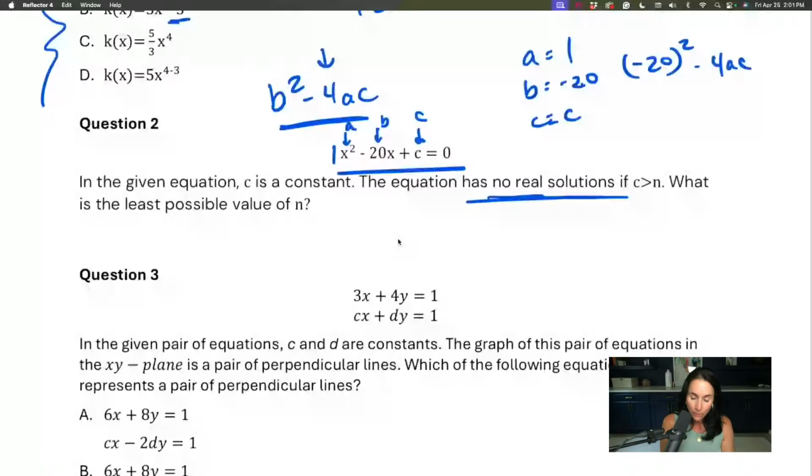One other thing, whenever it has no real solutions, that means this whole thing is less than 0. It's negative. Okay, so negative 20 times negative 20 is 400 minus 4ac less than 0.